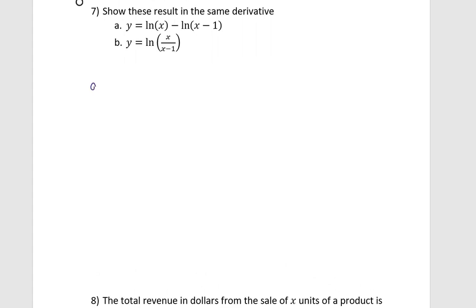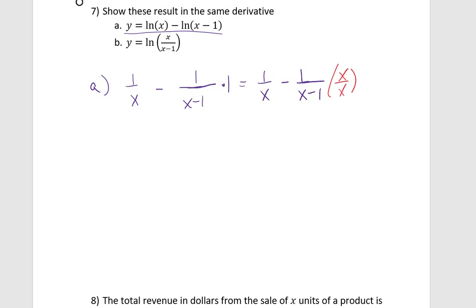So for the first one, let's go ahead and take the derivative. So that would be 1 over x minus 1 over x minus 1 times the derivative inside, which is just 1. So that would be 1 over x minus 1 over x minus 1. Now we should combine these. Okay, so again, we're going to multiply them by each other's denominators so we can get a common denominator.